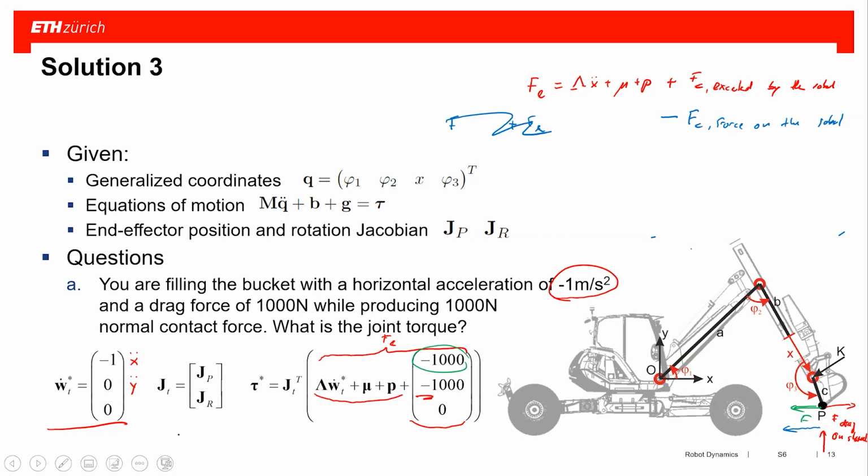And I'm happy that somebody asks about the selection matrix. So where is now the selection matrix in here? The selection matrix is typically applied when you have either motion or contact forces. Now in here, it's kind of a mixed solution, right? So we have in normal direction, in this direction, only a force, but we have no motion.